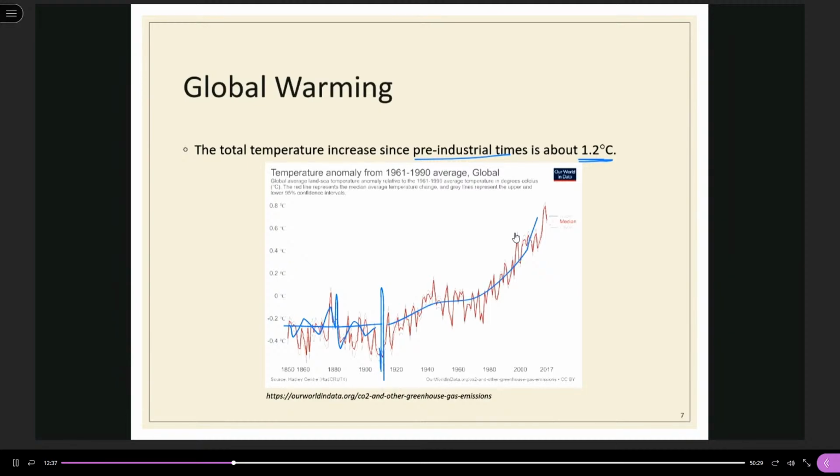After the 19th century, the global average temperature increased by 1.2 degrees C within these 100 years.